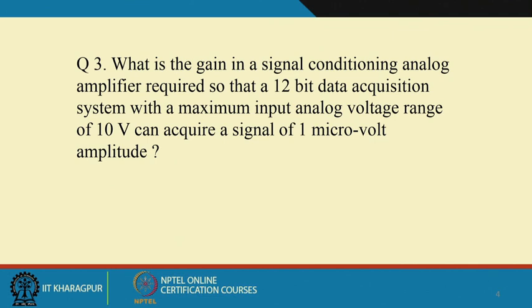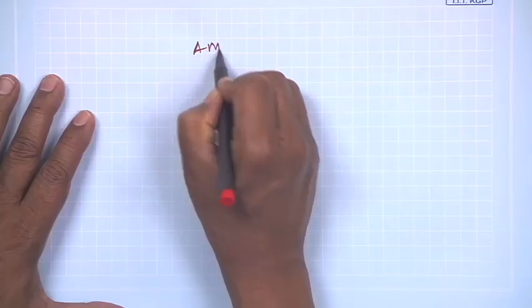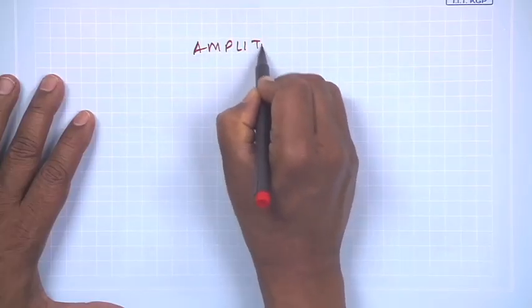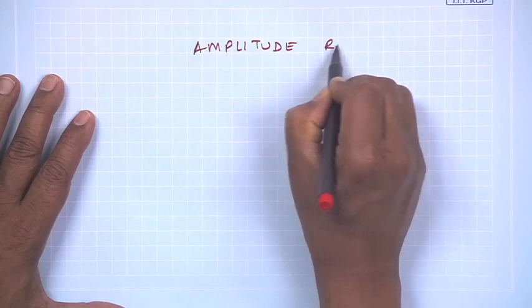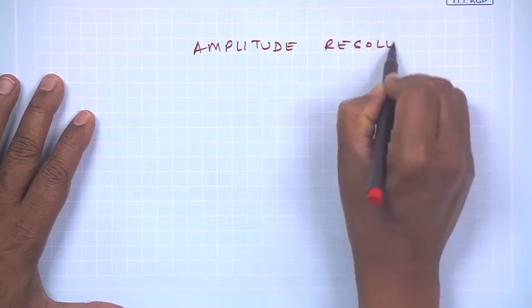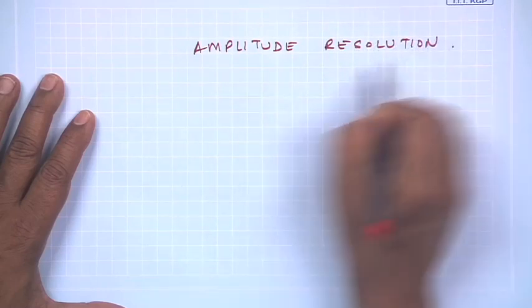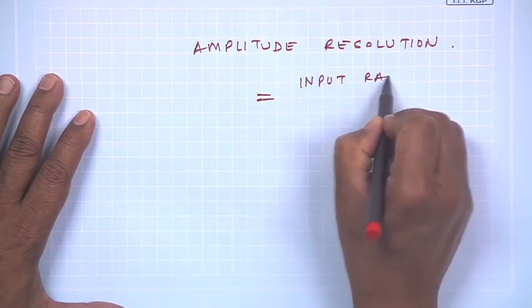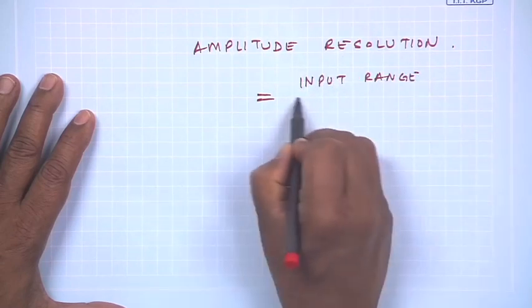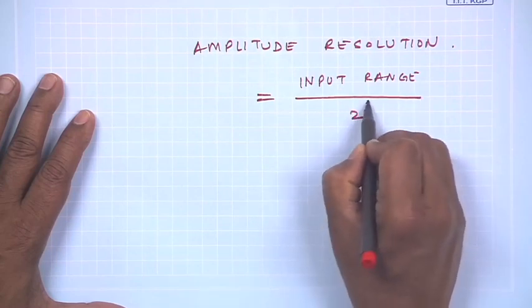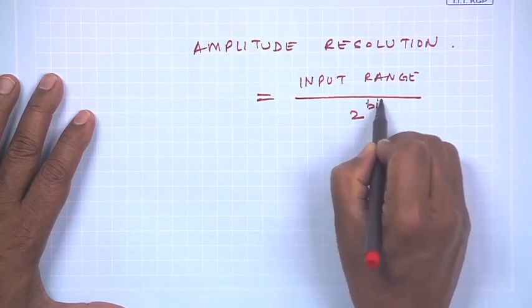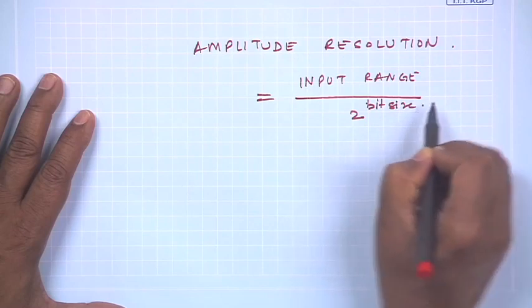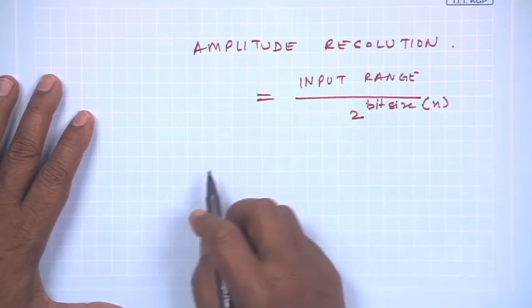So, as you recall, amplitude resolution is nothing but the input range divided by 2 to the power bit size, which is denoted as n.